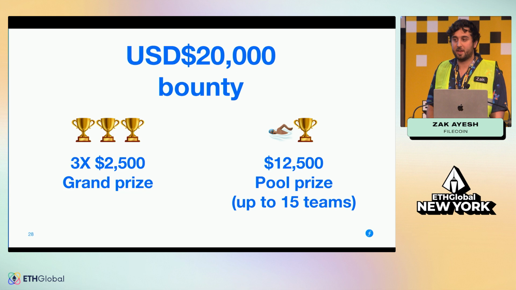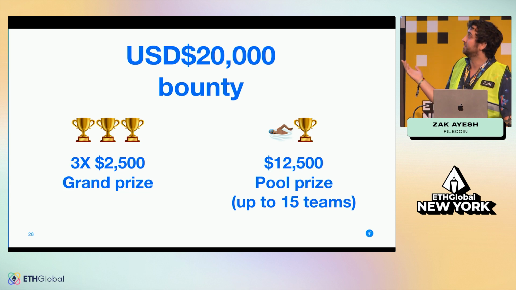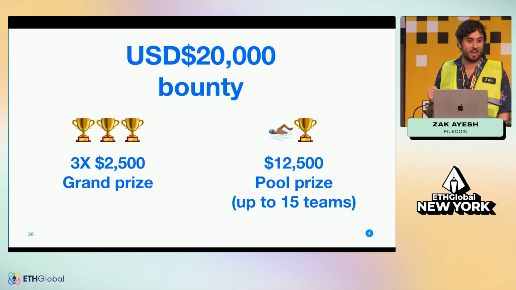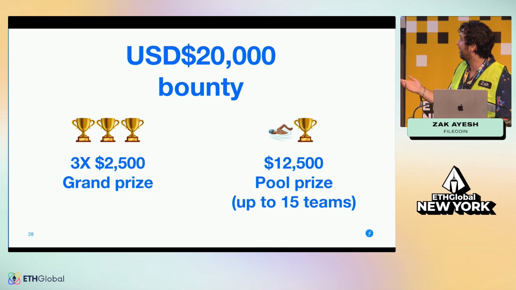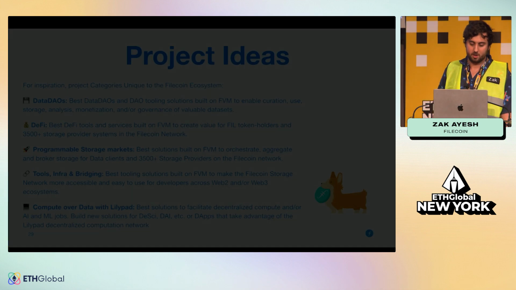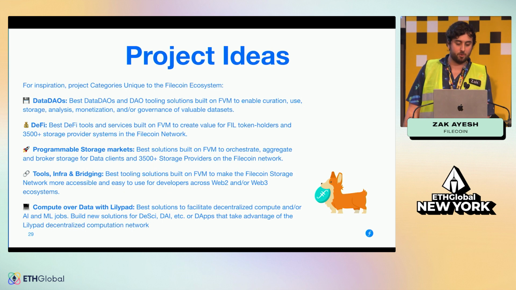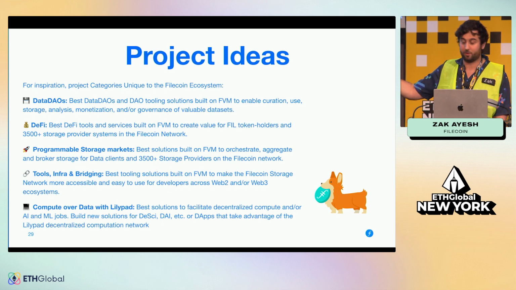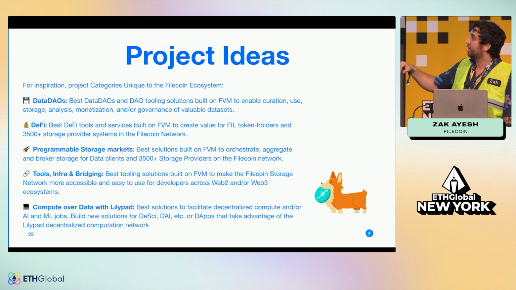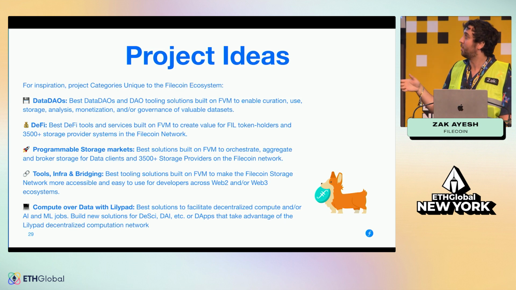And I believe Sarah will be presenting a little more detail on these bounties at 8, but we do have bounties for this hackathon. 20K of bounties: you see we have a grand prize and the pool prize. And some interesting project ideas that we're looking for. Of course, I mentioned DataDAOs, and we provided some resources for those. DeFi projects are still always welcome.